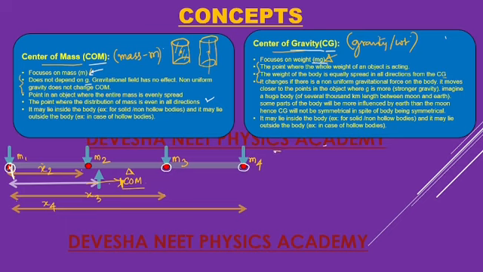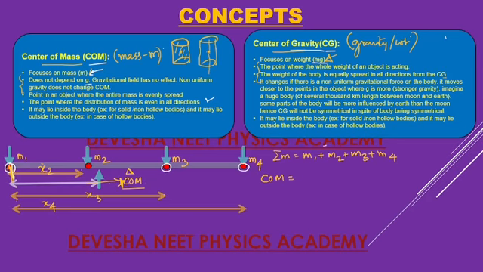We'll first need to compute the total mass. So total mass is equal to m1 plus m2 plus m3 plus m4. So this is the total mass of the body. Now what will be the center of mass? How do you compute center of mass? This is equal to, if you take this as a reference point, x1 into m1. So x1 will be 0 here, because this is the reference point itself.